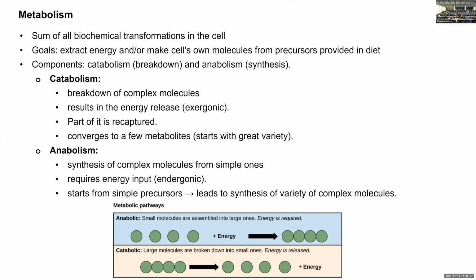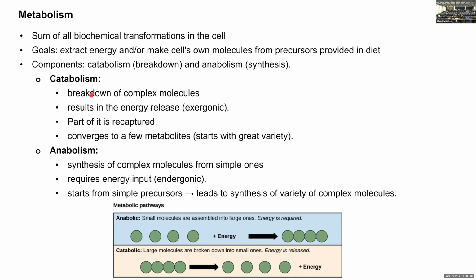Same thing applies to lipids or the other macromolecules like DNAs and RNAs too. But in the end, they converge to much fewer metabolites, the simple forms like simple sugars, nucleotides like adenine, things like that, or just the simple amino acids.